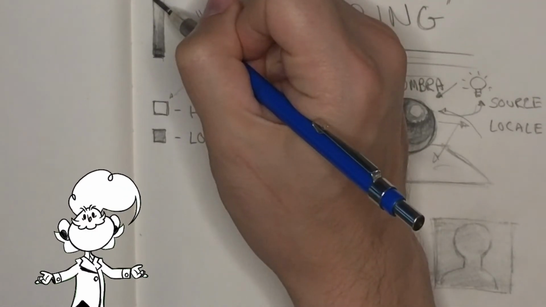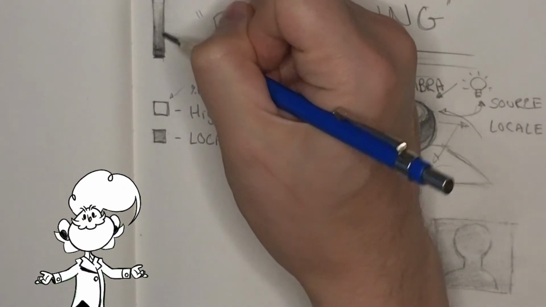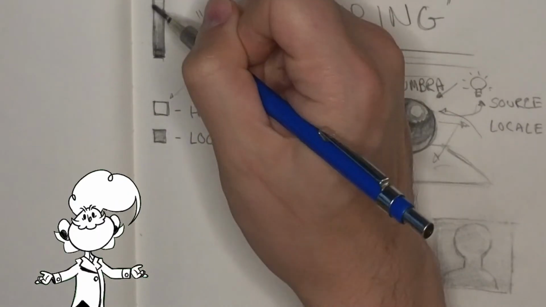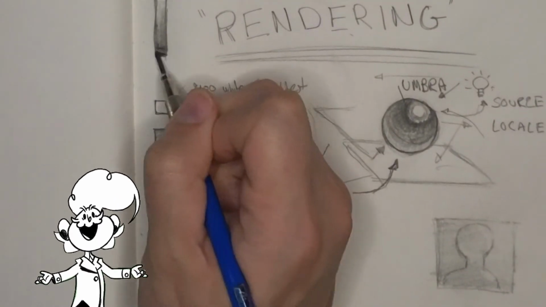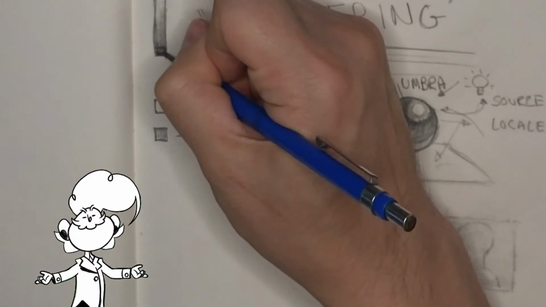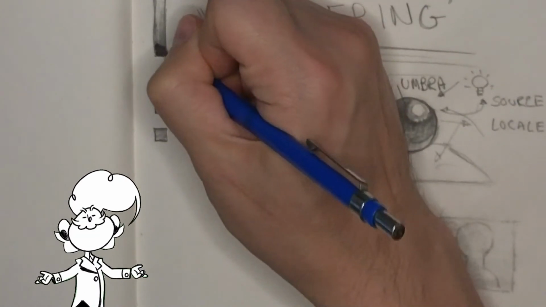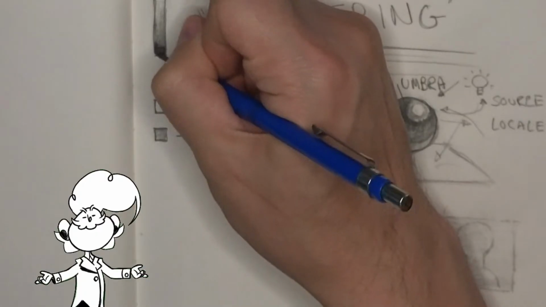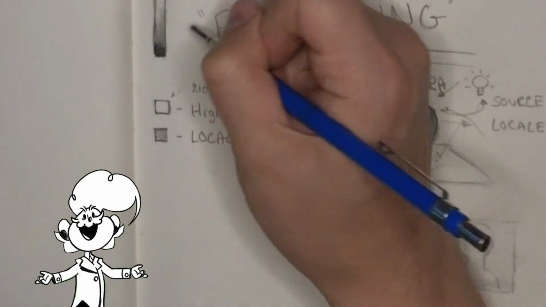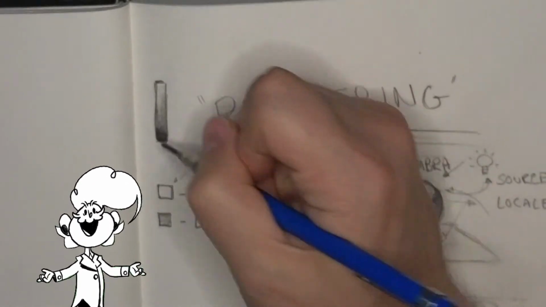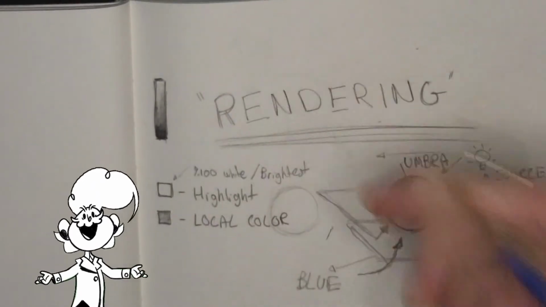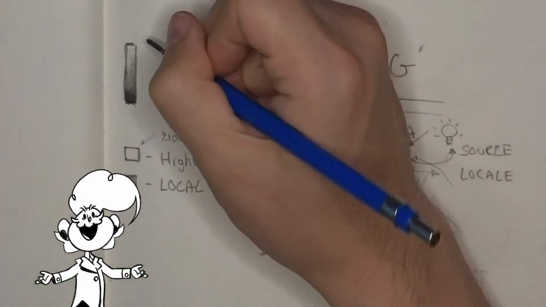White. We want full black, which this isn't even. If I get a marker, you'll see how this is not full black. But anyways, that's the tonal scale.